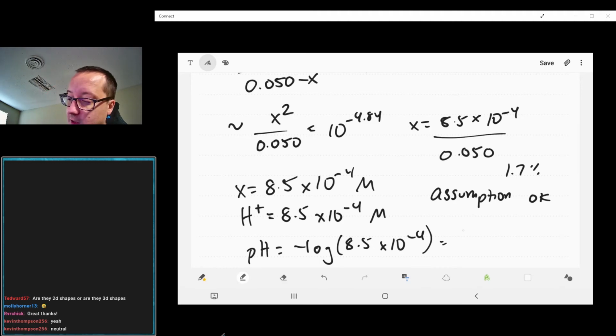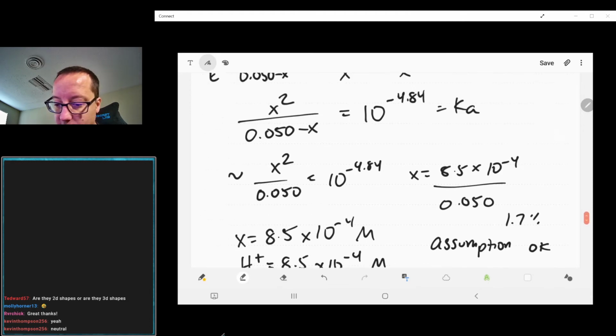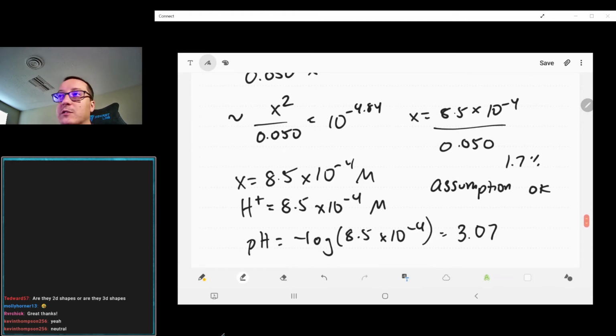We get 3.07. How many sig figs do we need? It looks like 2 sig figs. Hooray! Remember, if your assumption puts you at 5%, you have to do the real math. Otherwise, we're okay to just fake it. So we'll have a pH of 3.07 for this particular acid solution.